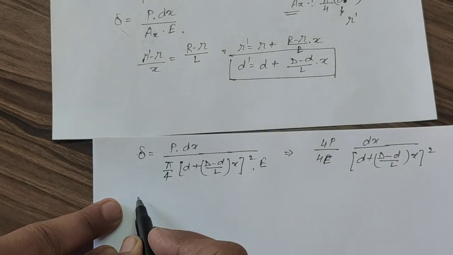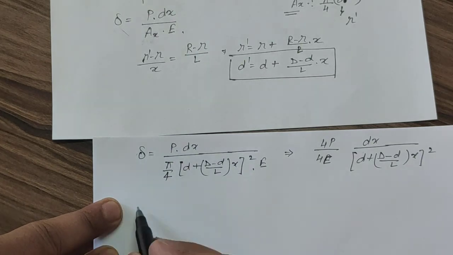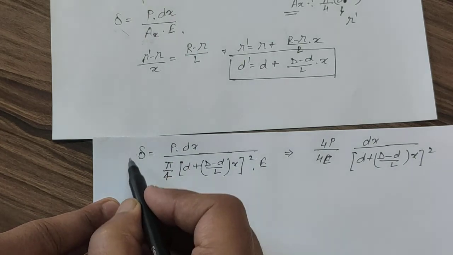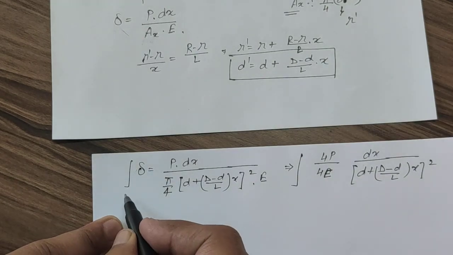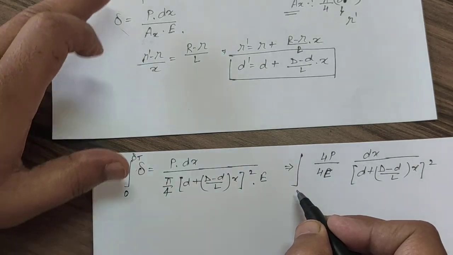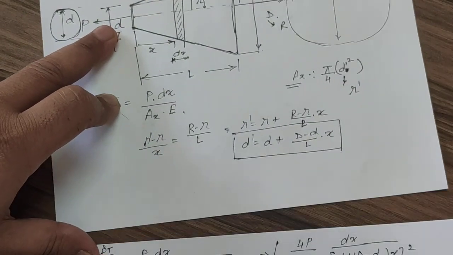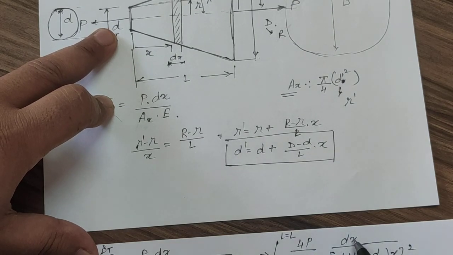Now we have to calculate the total length. For the total elongation we have to integrate both sides. The integration is taken from 0 to L, because at this point x is equal to 0 and here x is equal to L, as we have taken variation in x.